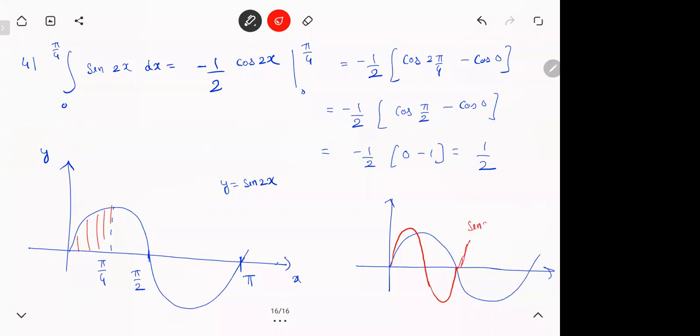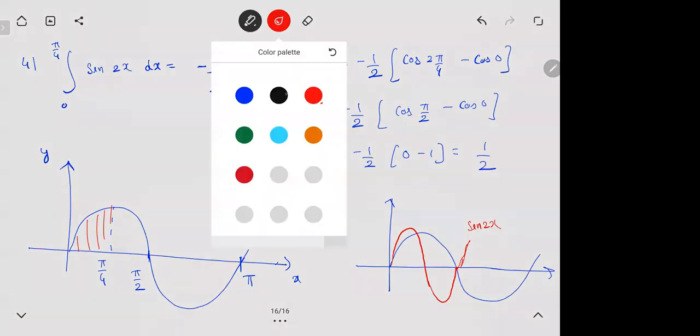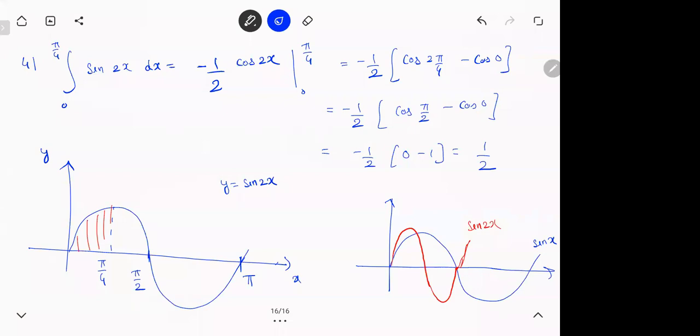This is sine 2x. This is sine x. Because when x is pi, sine 2x becomes 2 pi already. Basically, it got shrunk by half. It got compressed by half. That is the difference between sin x and sin 2x graph.